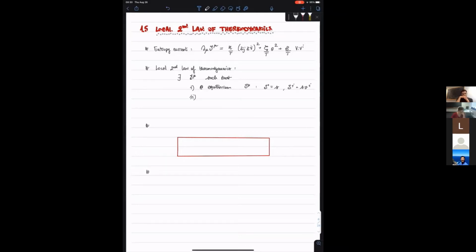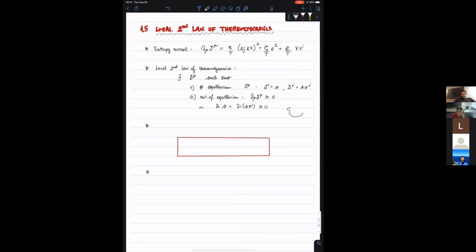And out of equilibrium, when all these derivative terms are introduced, the divergence of the local entropy current should increase. So this means that there is a flow equation for the entropy, which is increasing.